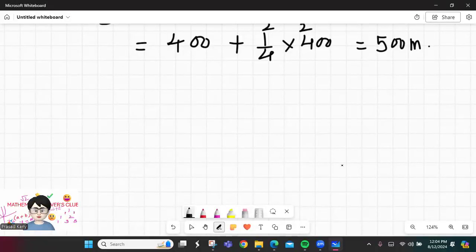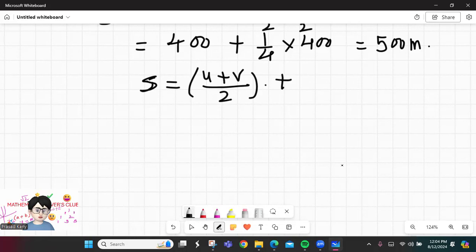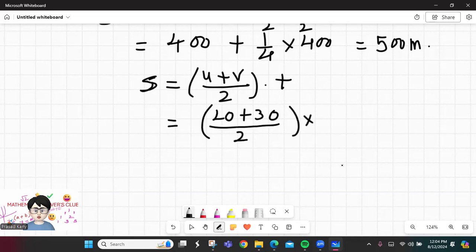So, can I say that we can just use s is equal to the average velocity, u plus v divided by 2, into t, average velocity into time, which gives 20 plus 30 divided by 2 into 20, which will give me 25 into 20, and that is 500 meter.